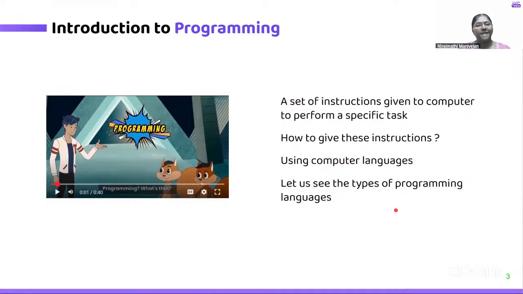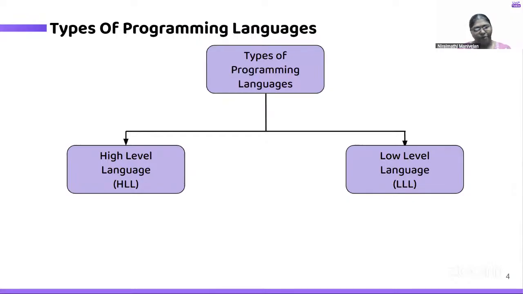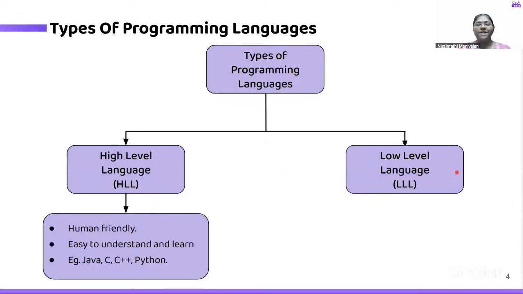Now, there are a lot of computer languages. Let us see the types. There are two types of programming languages, teachers. One is the high level language, the other one is the low level language. Now, what is this high level language? It is user friendly, where a common person can understand that particular language. It is easy to understand and learn.